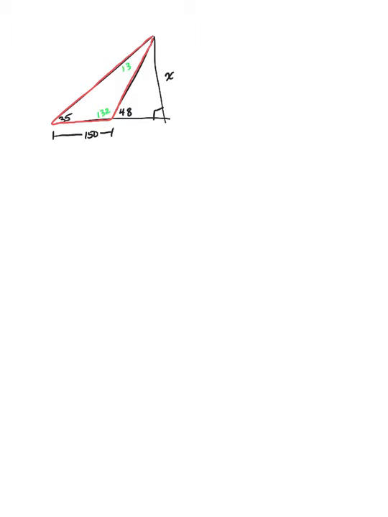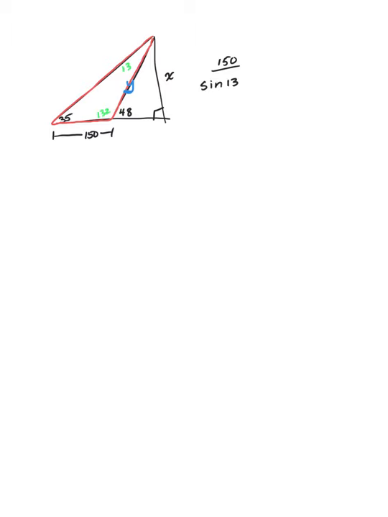This is 13 degrees. Okay, so I'm going to call this side y. I'm going to solve for y using that triangle on the left, using something called the law of sines. So the law of sines works as follows. You take the number 150 and you put it over the sine of the opposite angle.